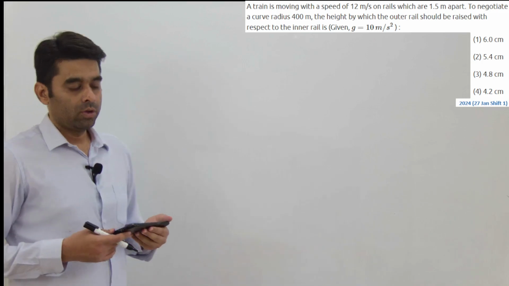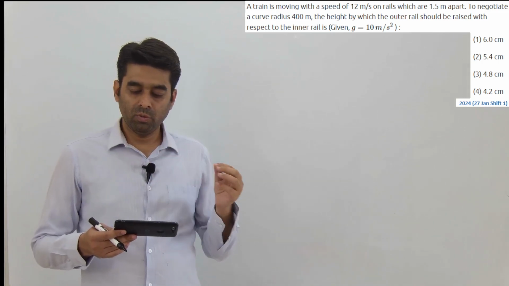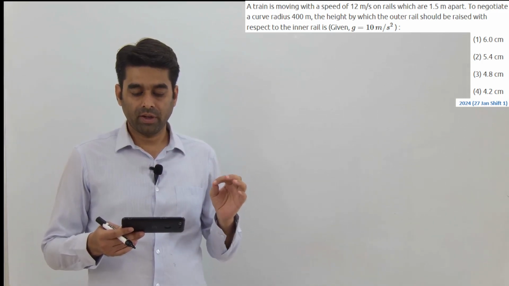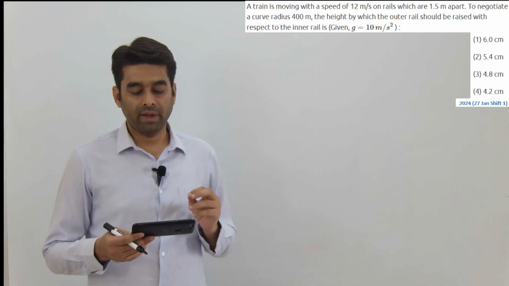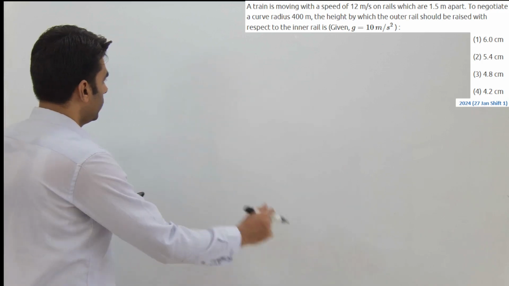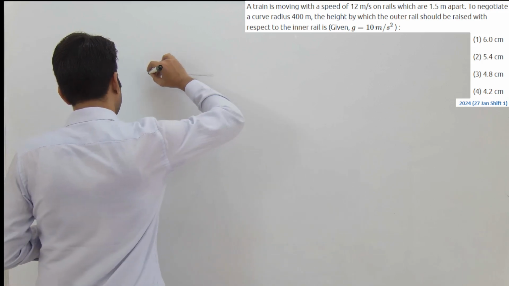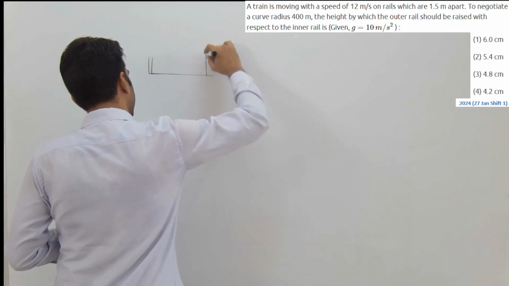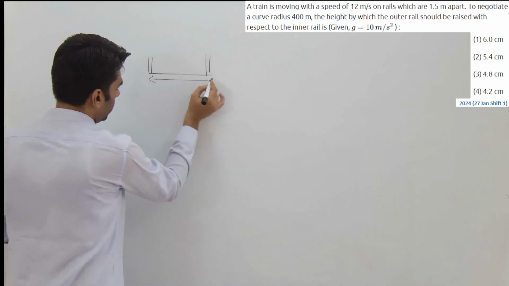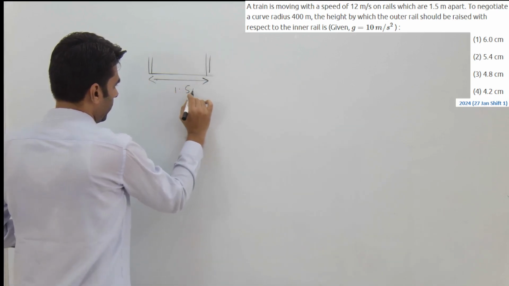Yes. So the question we have is, a train is moving with a speed of 12 meter per second on rails which are 1.5 meter apart. Fine. So if we draw the front view of it, the tracks are, the distance between them is 1.5 meter.